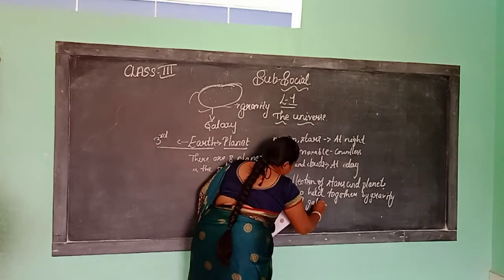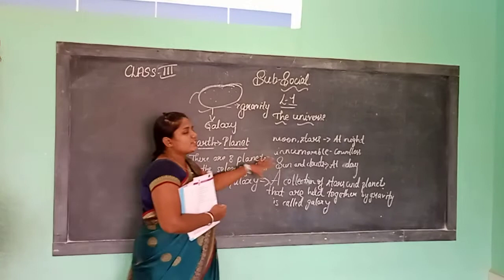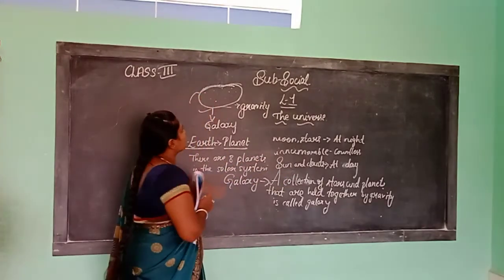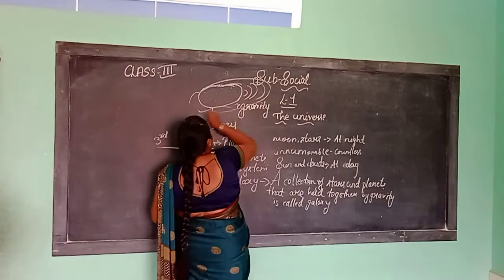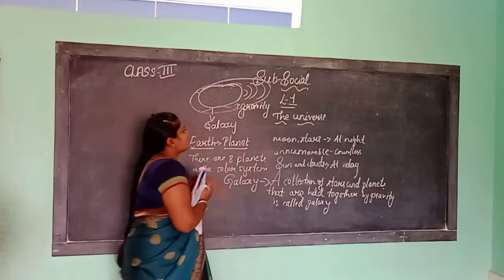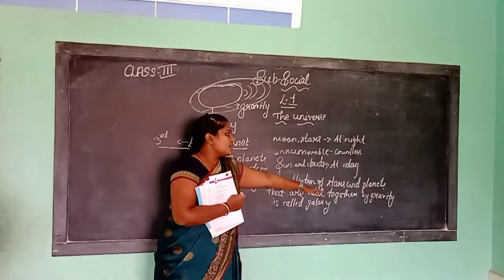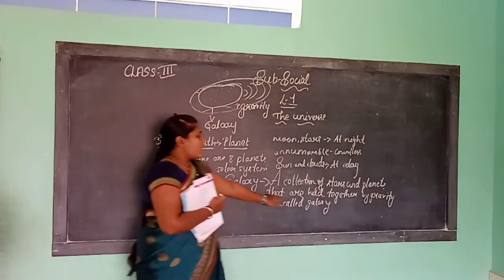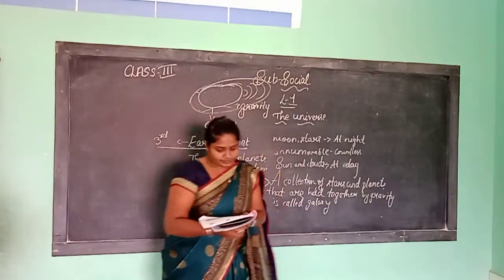What is a galaxy? A collection of stars and planets that are held together by gravity is called a galaxy.